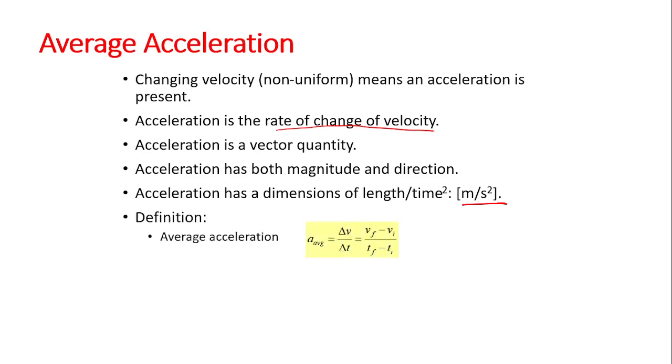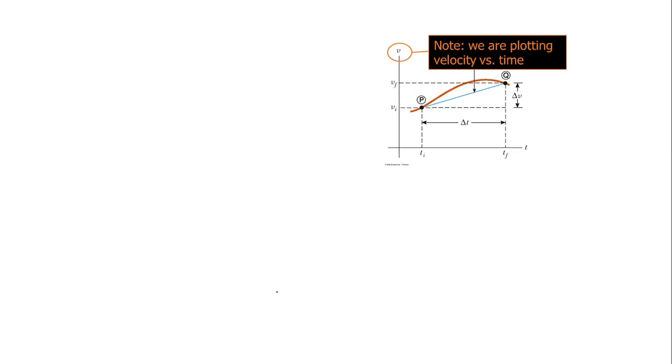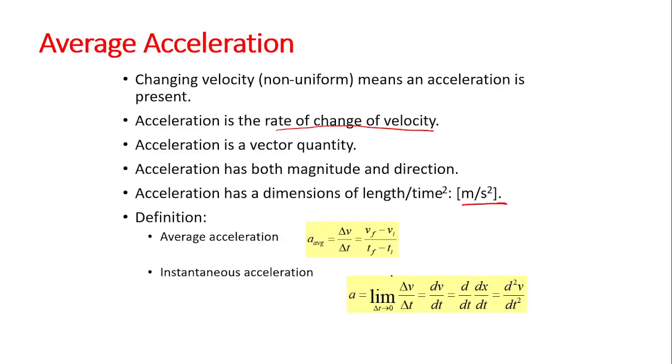So that's the formula from the definition. From the definition, you have this particular formula whereby average acceleration is equal to change in velocity over change in time. Instantaneous acceleration is the same. It's the same definition as when defining the instantaneous velocity. So for the instantaneous acceleration, the issue is that time is approaching zero.